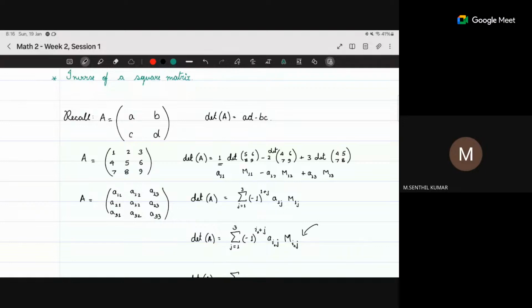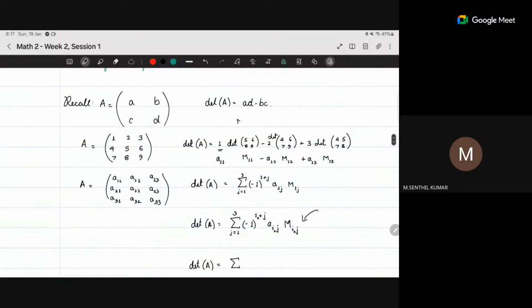But that one takes the second row. So in general, Mij is the determinant of the submatrix obtained by removing row i and column j.